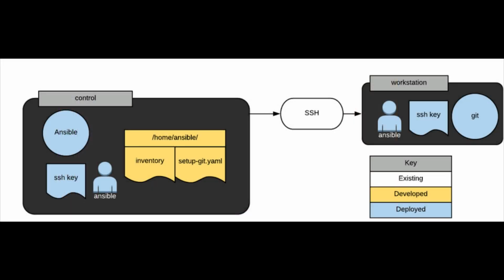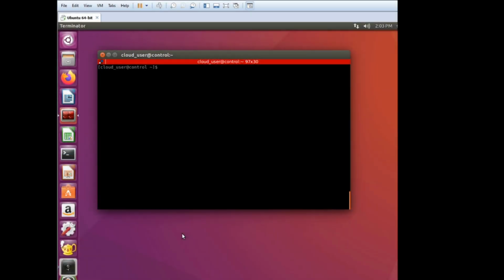So with our user created, we need to create a pre-shared key that allows the user to log in from the control node to the workstation without a password. First, let's change to the Ansible user.